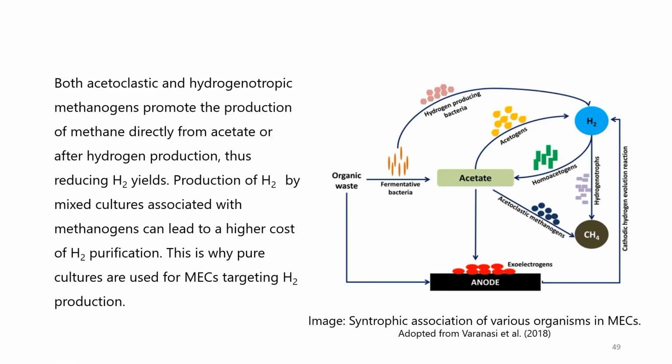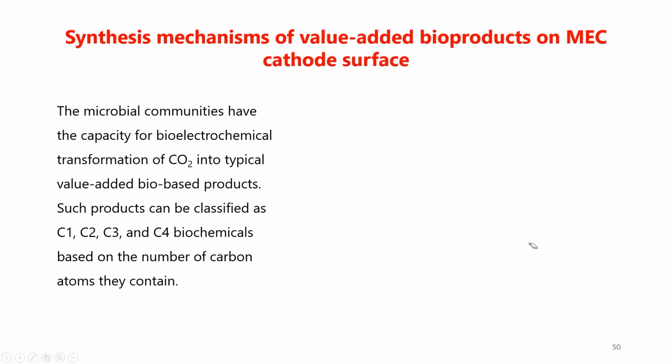So, in a way these methane producing organisms reduce the yield of hydrogen, as you can see clearly in this diagram.